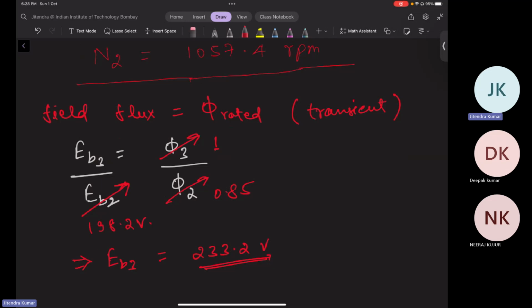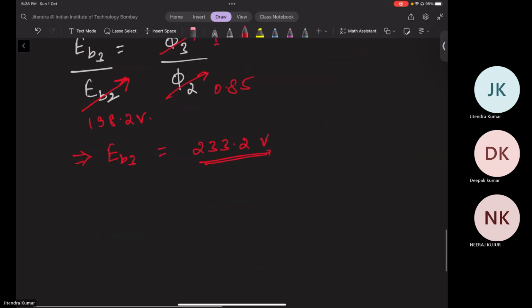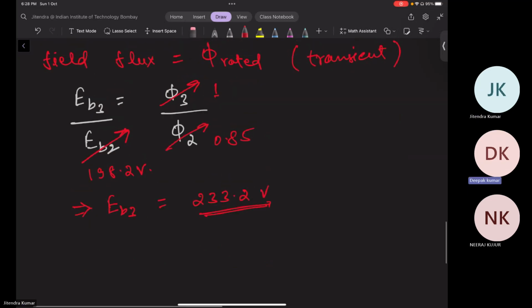Now in this transient mode, your armature will be delivering the current to the terminal and it will behave as a generator. Sir, in this case, we have assumed that phi 2 is 15% less than phi 3.